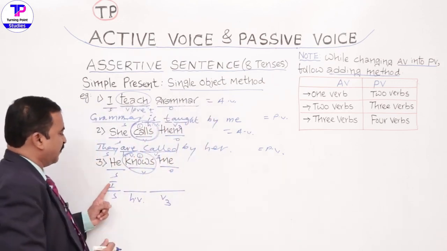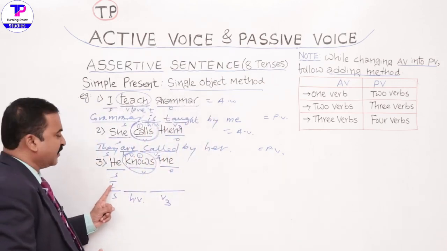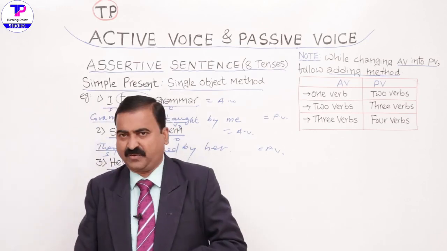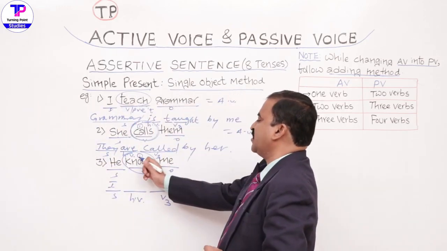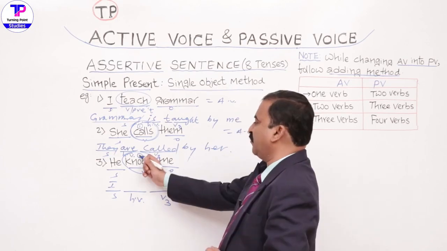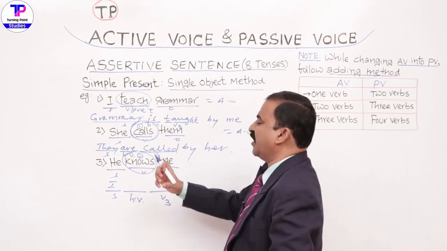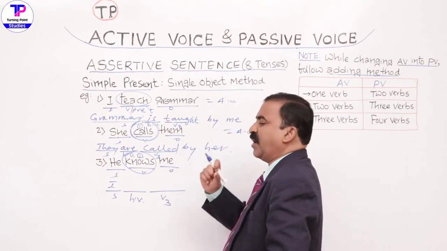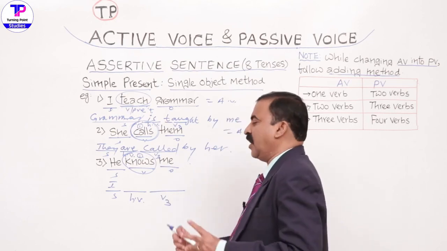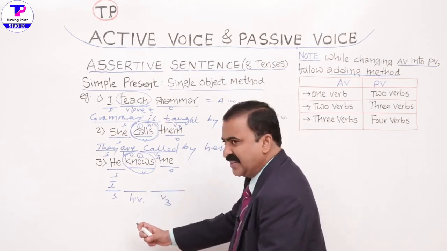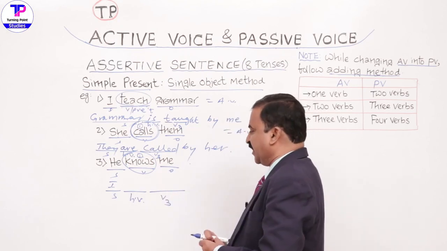Now let us see. When the subject is written, immediately you have to write helping verb. To write helping verb, check how many verbs are there. One verb is there. In active voice, if one verb is there, in passive you have to set 2 verbs. Now in these 2 verbs, first one is helping verb, next one is V3.